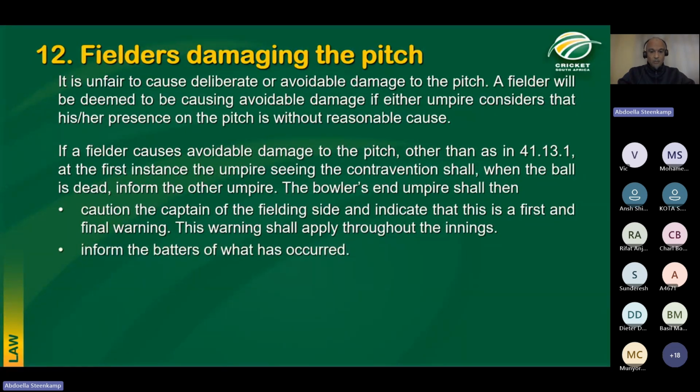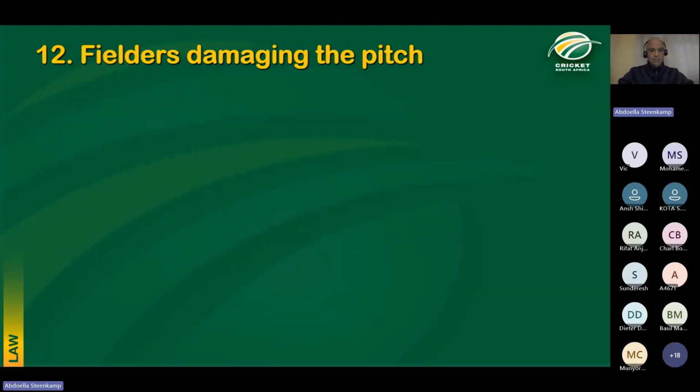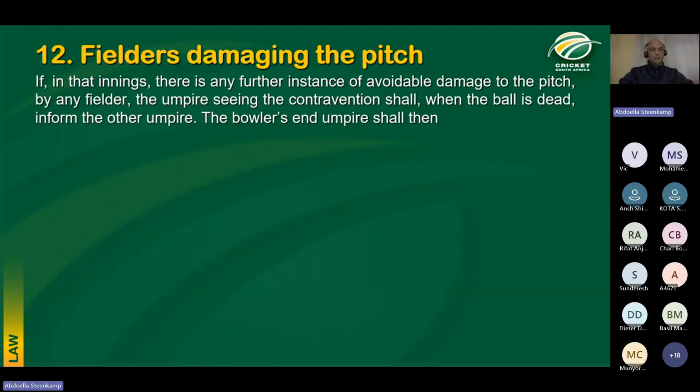We will inform the batters of what has occurred. So first instance, we'll go first and final. And again, in that same innings, if there's another instance of any of the fielders causing deliberate damage to the pitch, what is the punishment? Now we'll go 5 penalty runs to the batting side.